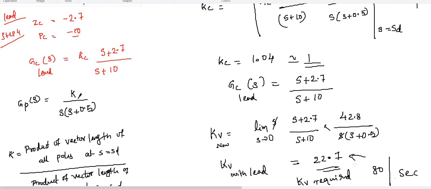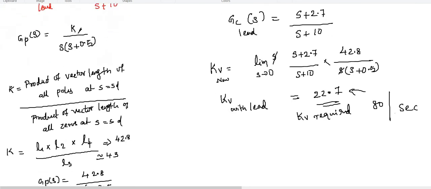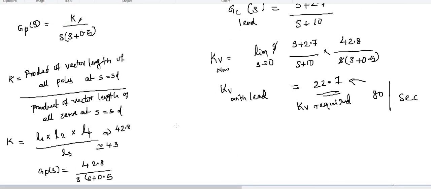Other specifications like natural frequency of oscillations and damping ratio have been satisfied, since we have taken the dominant pole with respect to those specifications. But the steady state error constant for this system has not been satisfied.